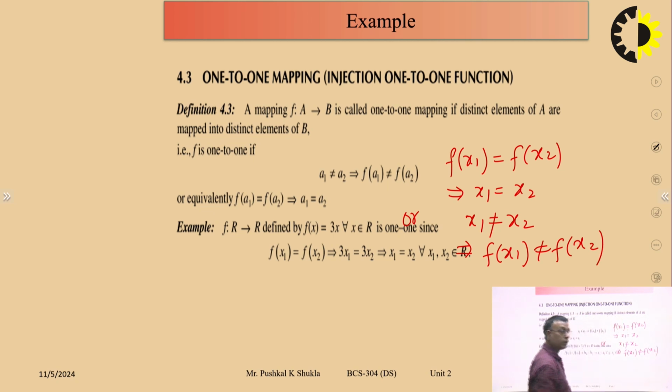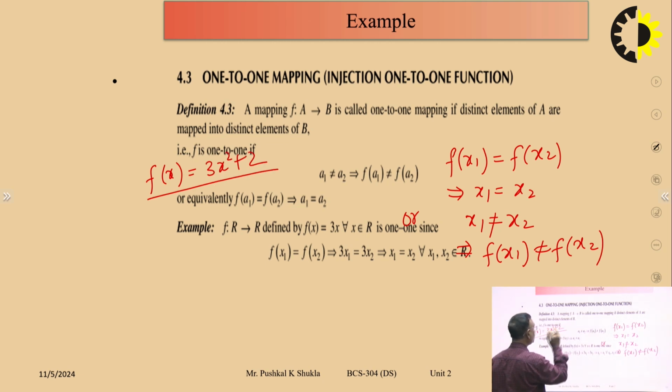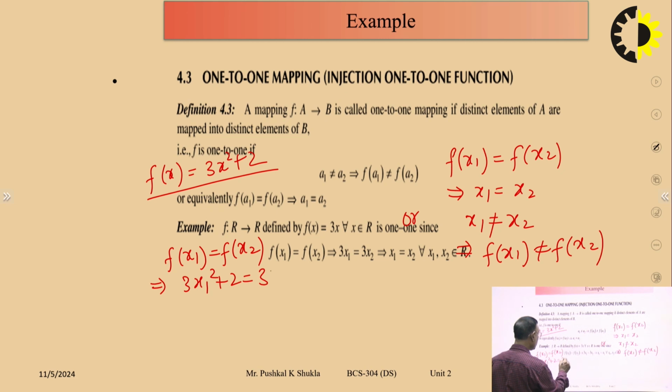So, how to check whether a particular function is injective or not? For example, suppose a function f(x) is given as 3x square plus 2. We have to check whether this function is injective or not. So, first we assume f(x1) equal to f(x2). This implies 3x1 square plus 2 equal to 3x2 square plus 2.